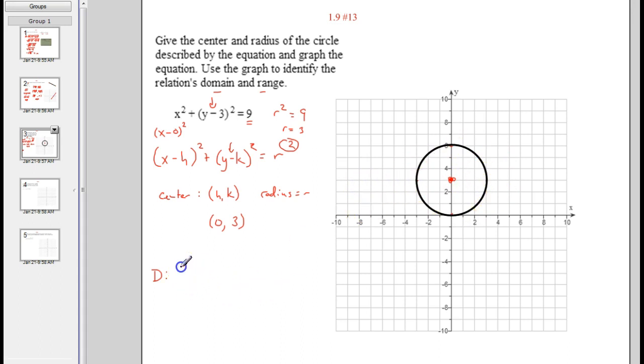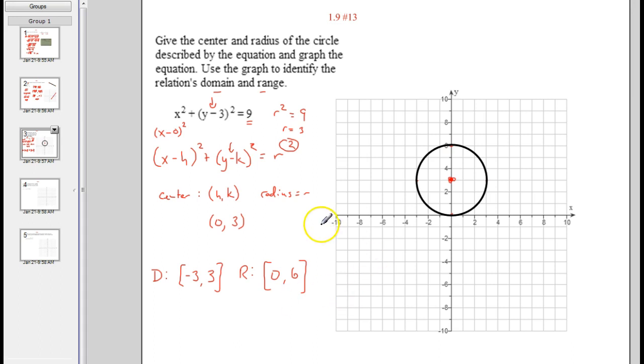So our domain is from negative 3 to positive 3. And then our range is the y values. The smallest y value is 0 here, and then I'm moving a horizontal line up all the way until I get to 6. Brackets are used because those numbers are included on the graph. So there's the domain and range.